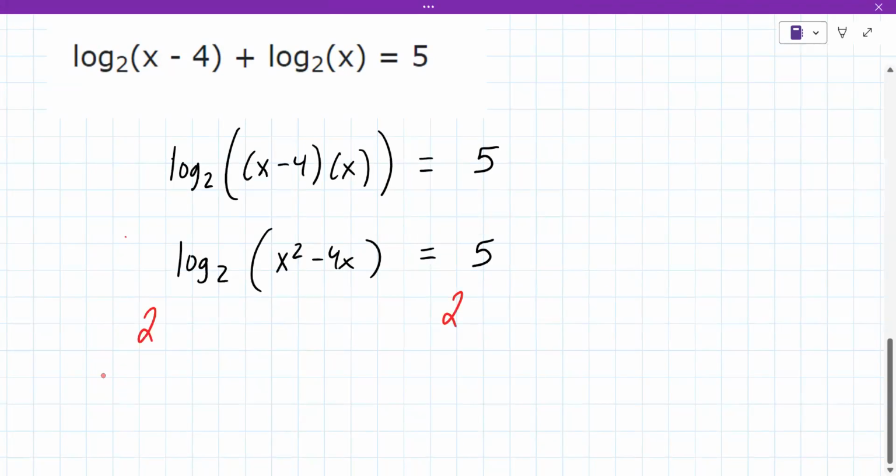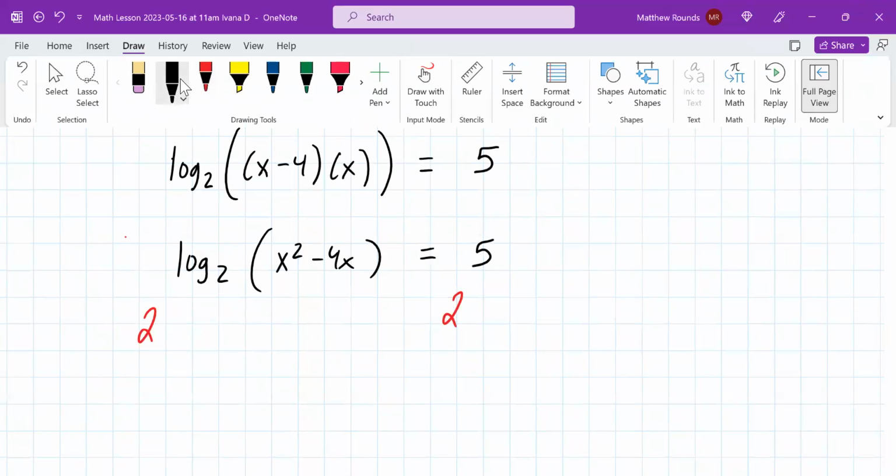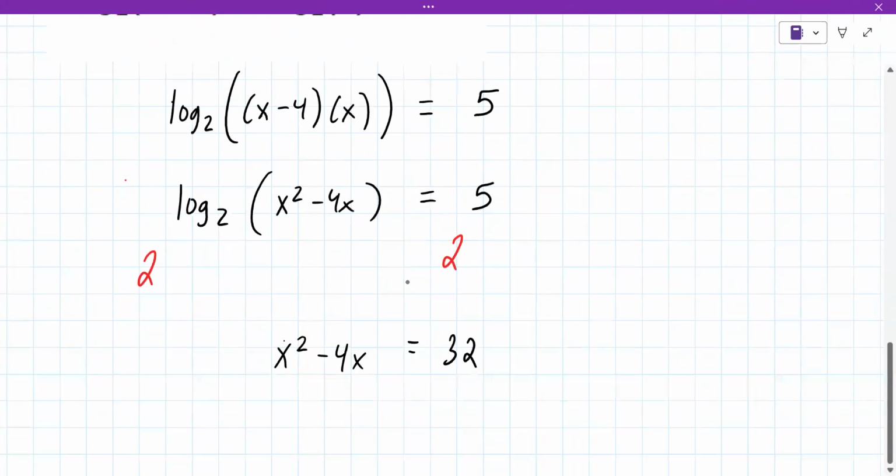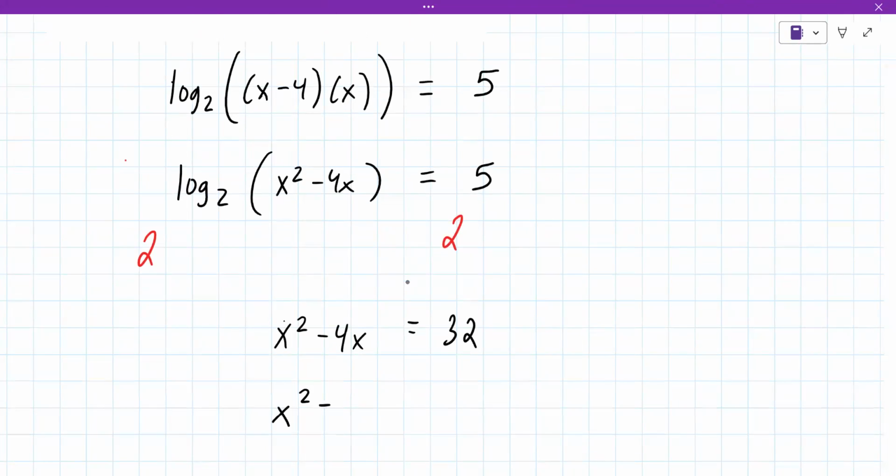You undo it. So this 2 in red here undoes the log base 2, and you look at what's inside. On the right, 2 to the 5th is 32. And then you subtract. You say, okay, x squared minus 4x minus 32 equals 0.